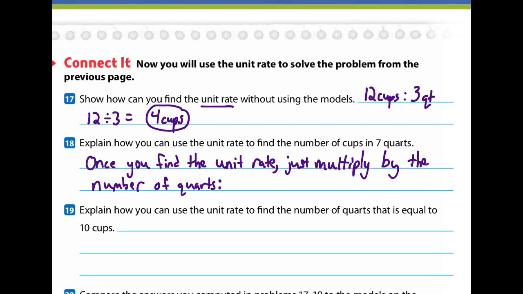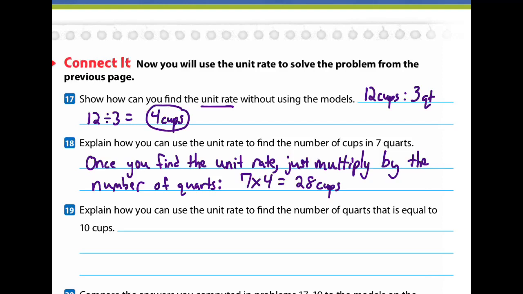I'm going to set a colon here as an example. So 7 quarts times 4 cups equals 28 cups. So there's 28 cups in 7 quarts.